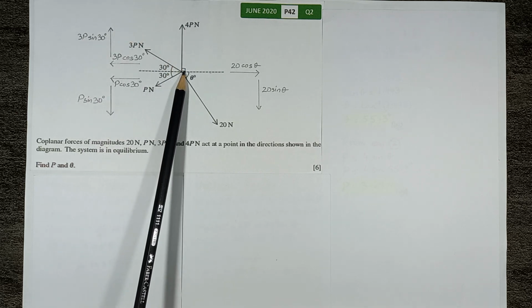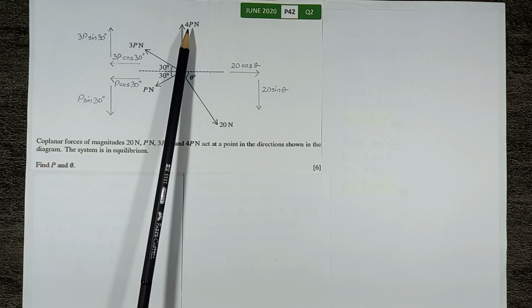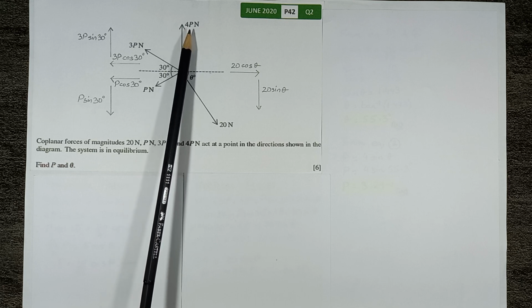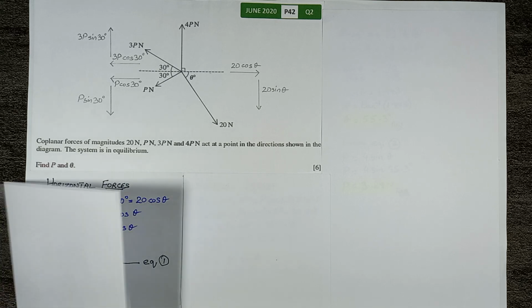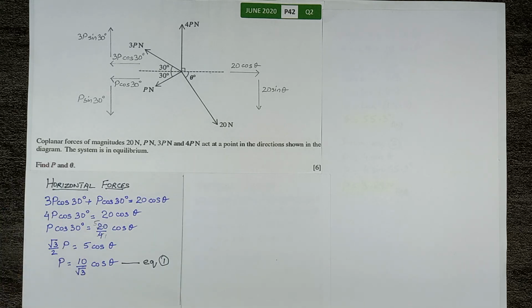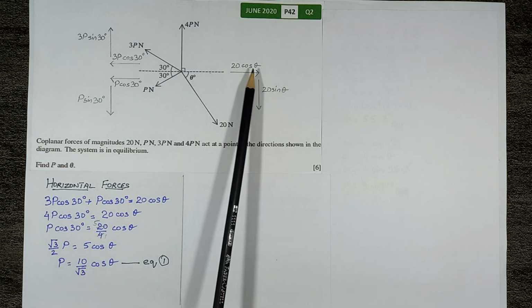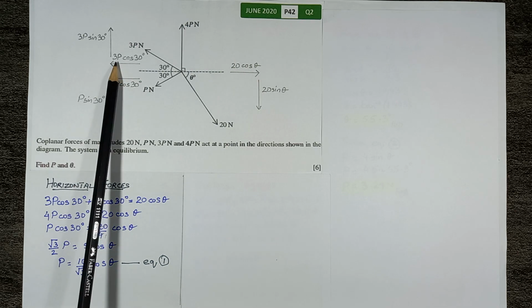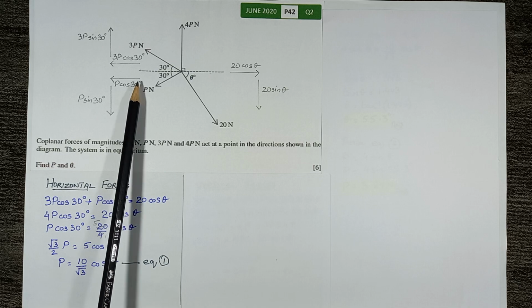As we can see, this is 90 degrees, that means it is a purely vertical force, so no horizontal component for this particular 4P. So splitting up the horizontal and vertical forces, first of all let us look at the horizontal forces. Over here we have 20 cos theta, and over here we have 3P cos 30 and P cos 30 degrees.